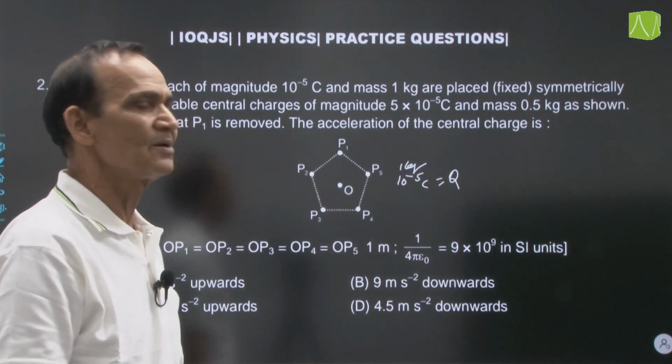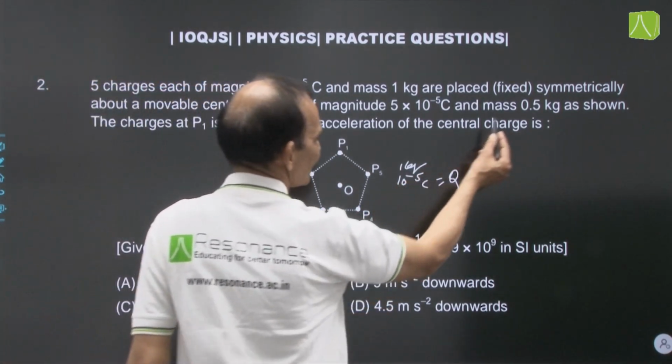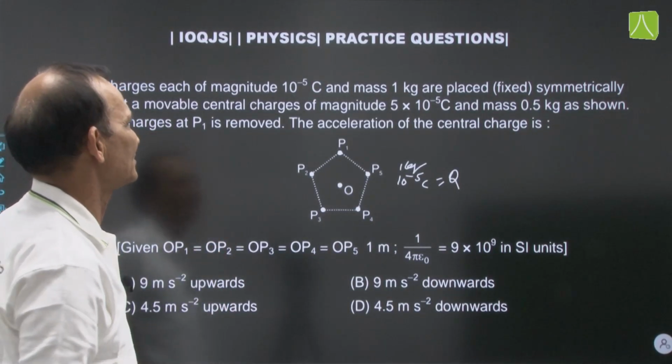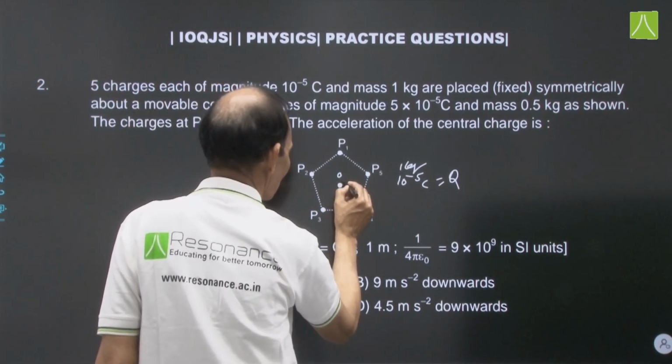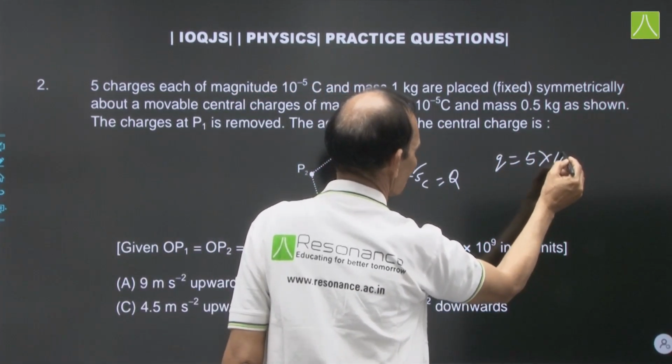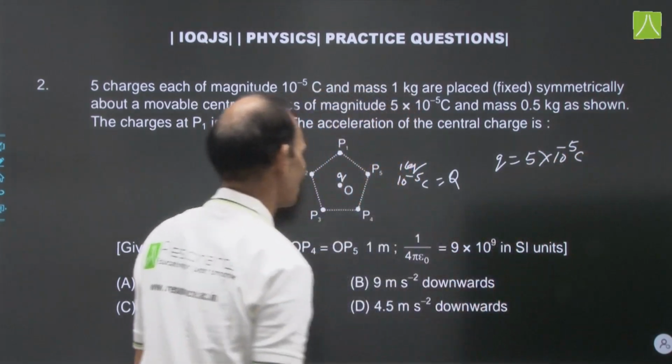All charges are the same, suppose capital Q. The mass is 1 kilogram and all the charges are fixed, about a movable central charge of magnitude small q, which is given as 5 into 10 raised to the power minus 5 coulomb.